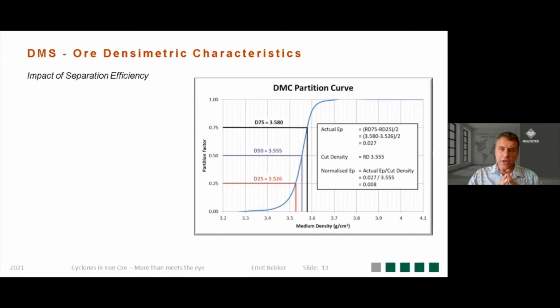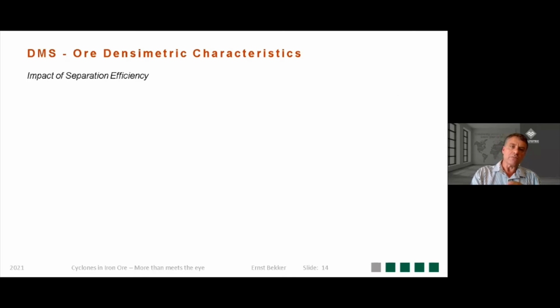The efficiency of separation is determined via the actual EP value, and that is the calculation at the top right-hand side, and that is the slope. The smaller the EP value, the more efficient the separation. So optimal DMS performance is associated with a low EP value, or a good separation efficiency. We see that in the handbooks as well.